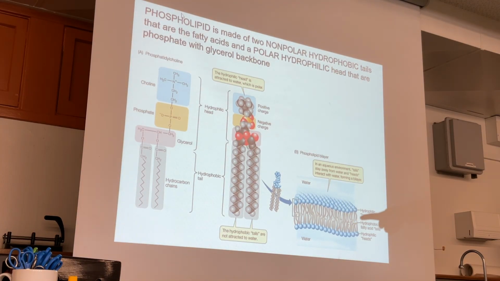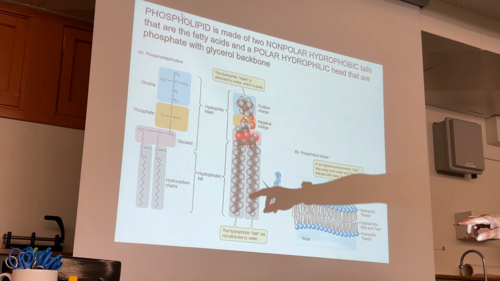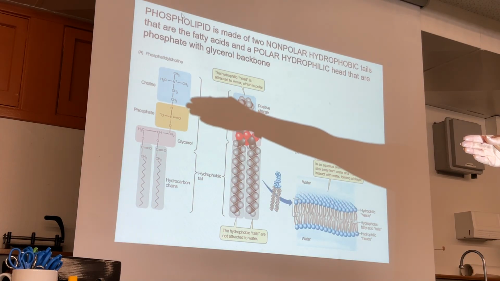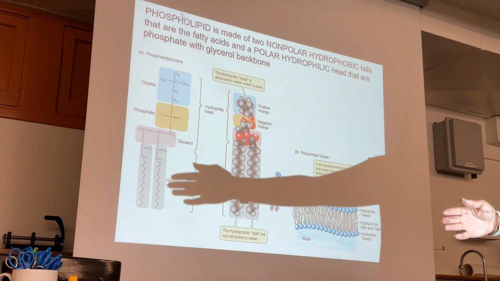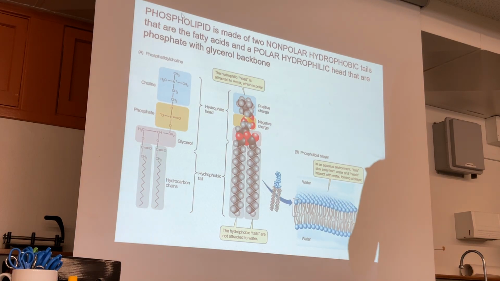If I were to go in more detail, they have a head and two tails. The head is facing the water because it's charged and it's hydrophilic. The tails are fatty acids, and they're made of hydrocarbon chains, which make them hydrophobic because they're non-polar.